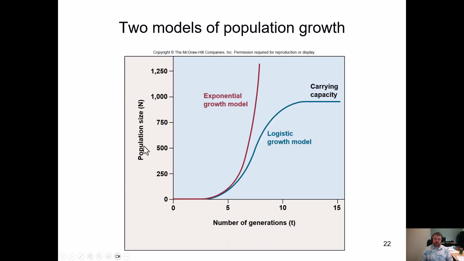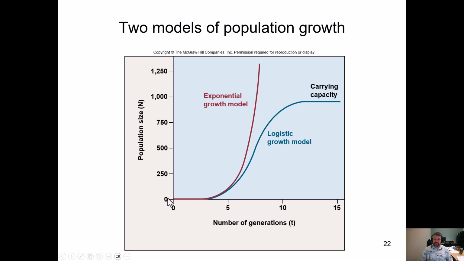Okay? So looking at just a growth model, the two models that we typically look at, exponential growth again is that J-shaped curve. Eventually, all exponential growth models will turn into logistic growth models. Okay, so they can't increase indefinitely. Eventually, they will always reach some carrying capacity.